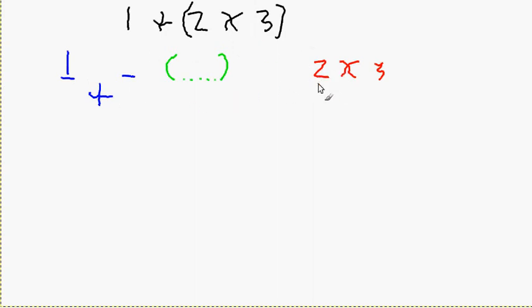So it's recursive, as you can probably tell by now. First thing I'm going to encounter over here is this 2, and the 2 makes sense. So it's a number. The times operator is next, and this one only makes sense if its left hand side and its right hand side make sense. So the left hand side already makes sense, it's 2.